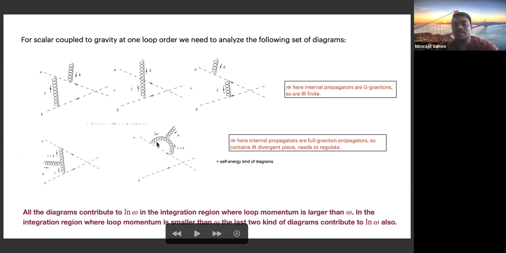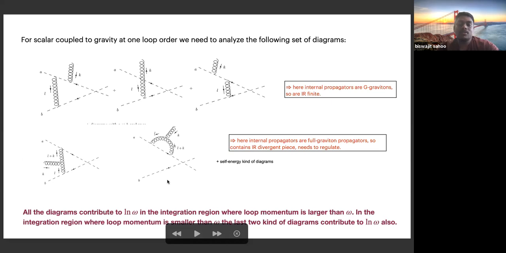And if we do this and put an IR cutoff for this kind of diagram, since this contains the extra IR divergent factor, we can see that these diagrams can contribute to log omega when the loop momentum is greater than the momentum of the external gravitons. In that range, if we approximate, we find that it contributes to log omega.